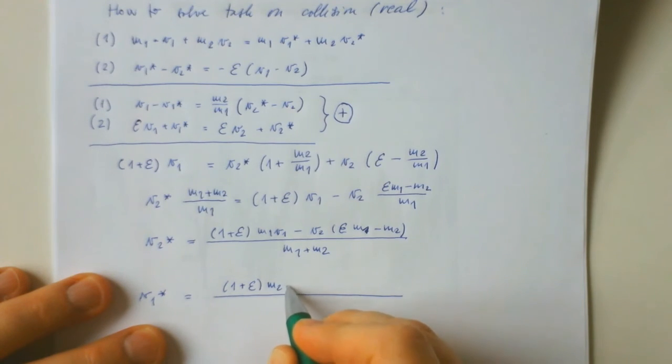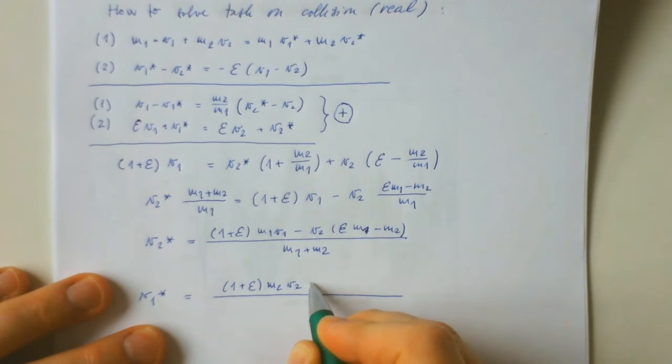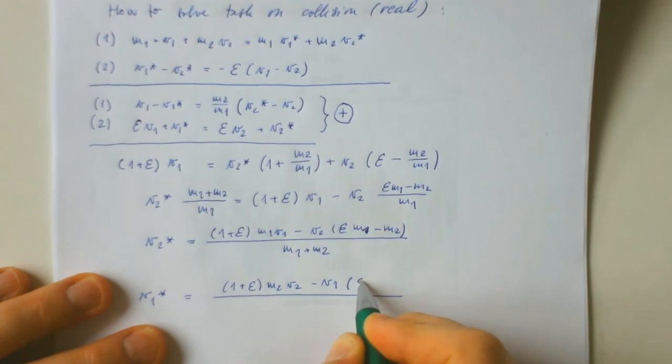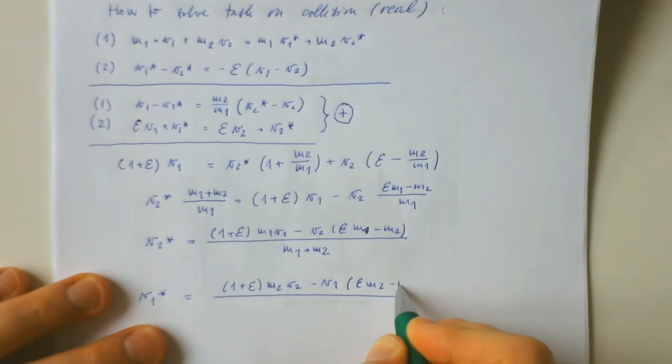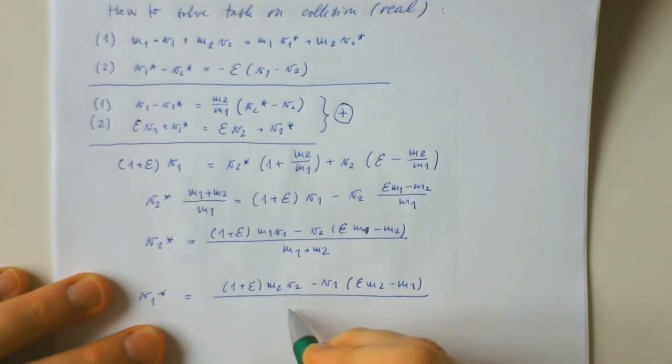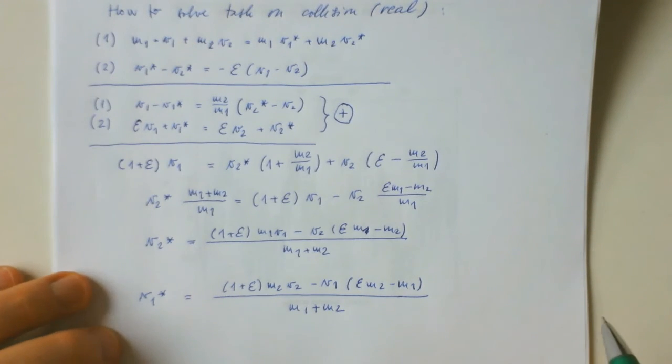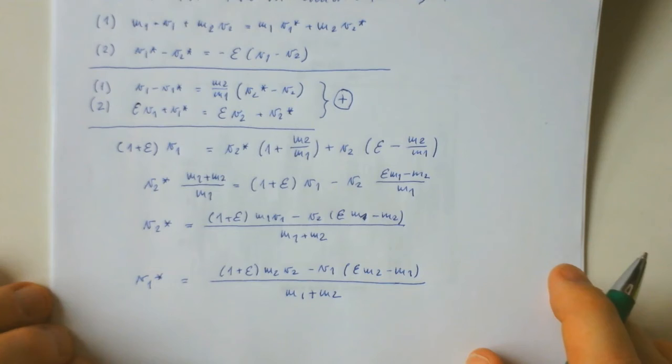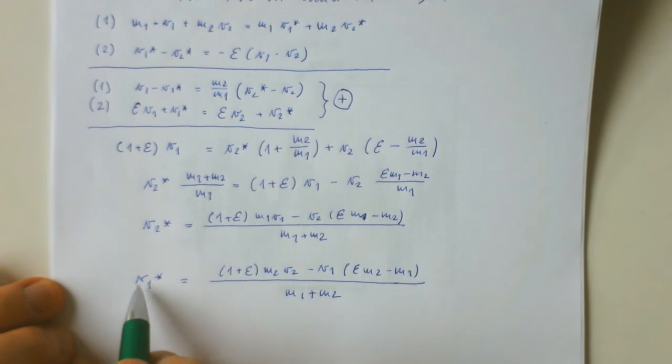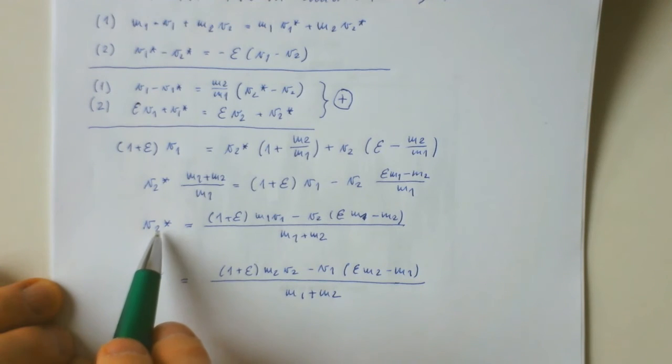So there is m2 times (v2 minus v1) times (epsilon m2 minus m1) over, and here it is all the same. So this is the result. Now we have v1 with star and v2 with star.